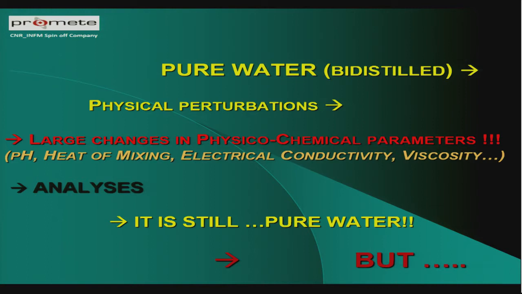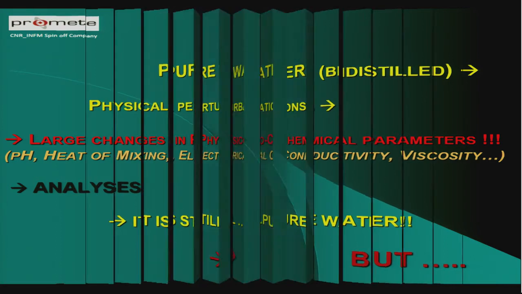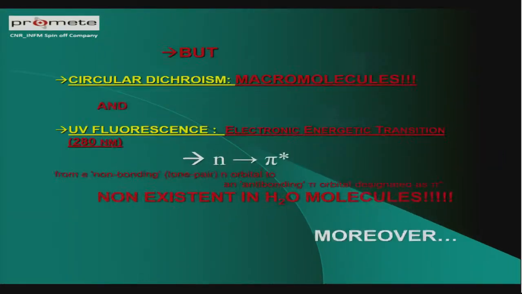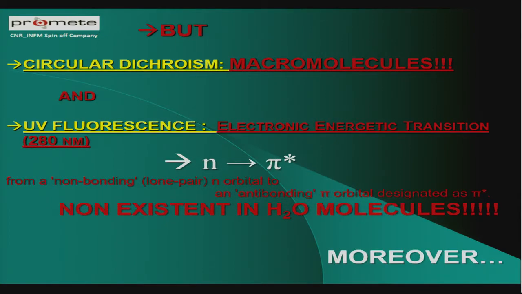The physical perturbations are many different ones, with different objects and of different kinds, so it is not possible that it is the same error, in this sense.